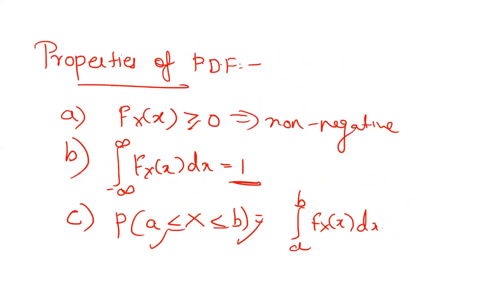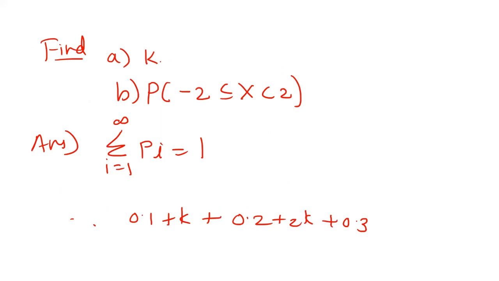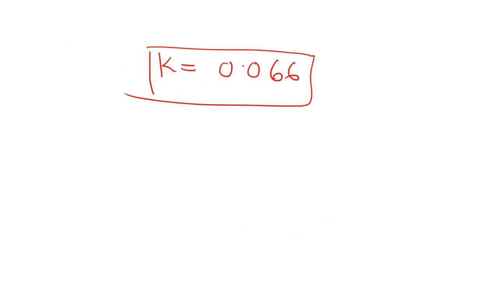The table given to you has x taking different values, -2, -1, 0, 1, 2, 3, with corresponding probabilities. So when you have to find the value of k, add all the values, plus 0.3k as I told you, which is equal to 1, and then get the value of k.